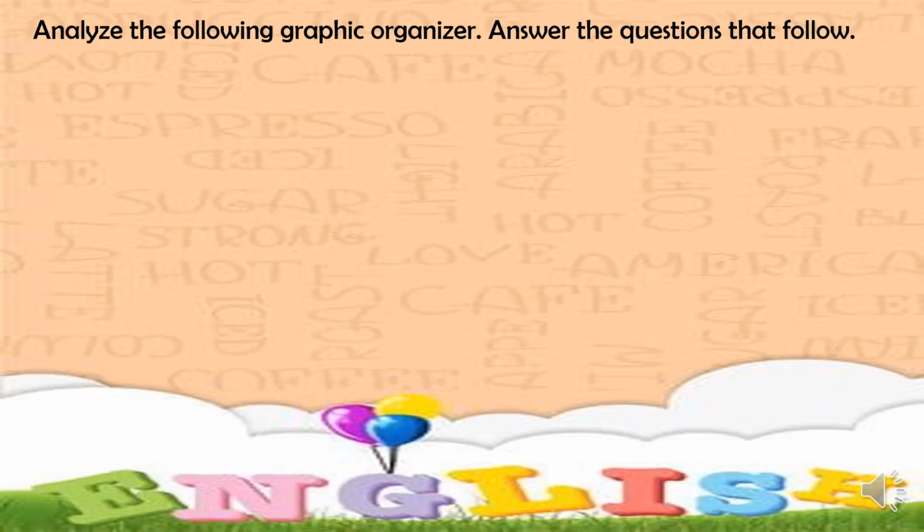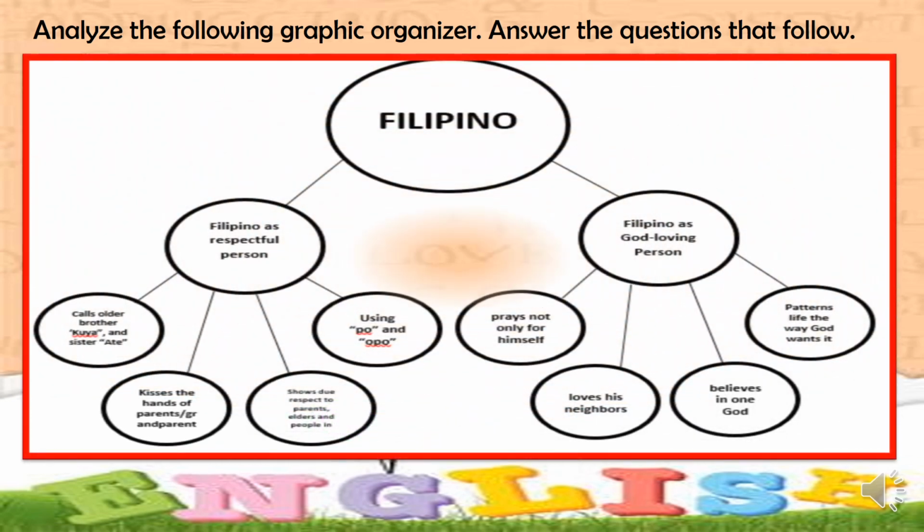Let us now analyze the following graphic organizer. Answer the following questions that follow. And here is a sample of a semantic web organizer. This is all about Filipinos. Filipino as respectful person and Filipino as God-loving person.